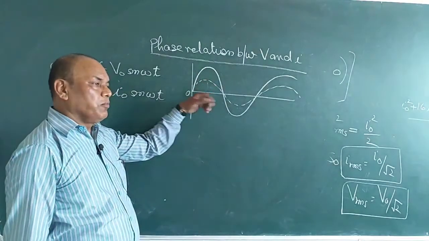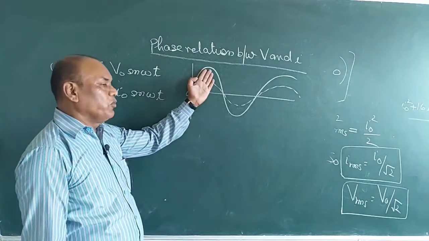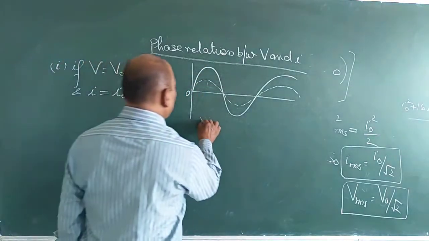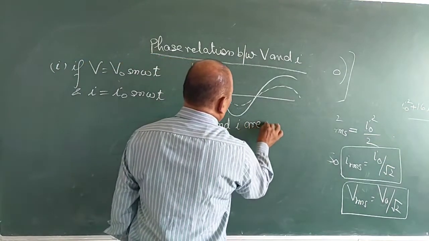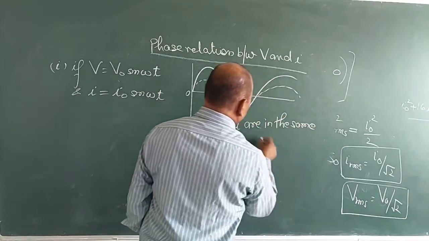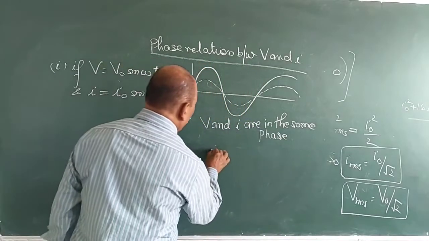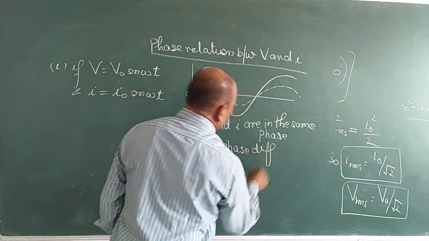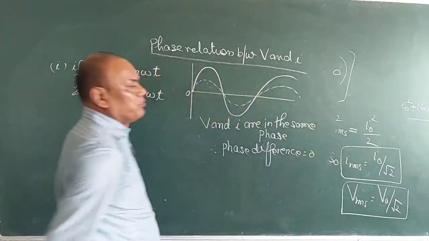Voltage and current both start from the origin, so we can say that voltage and current are in the same phase. Therefore, the phase difference is equal to 0.